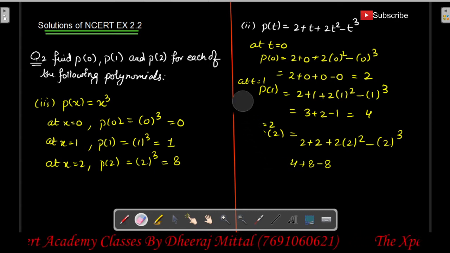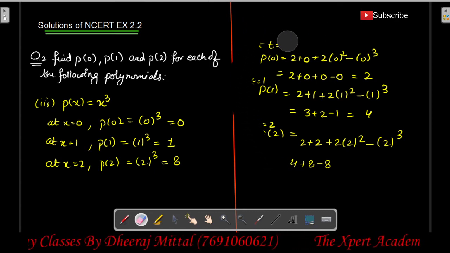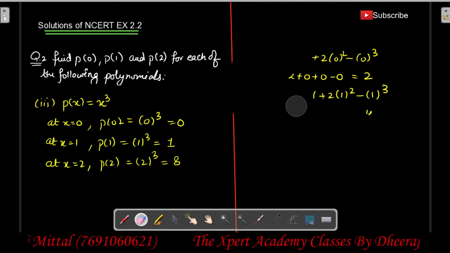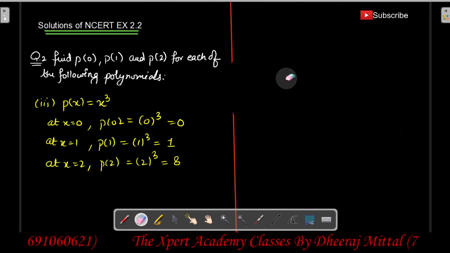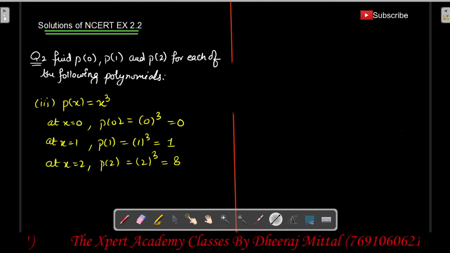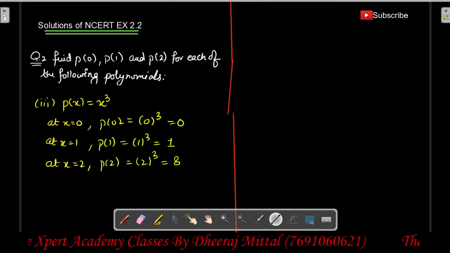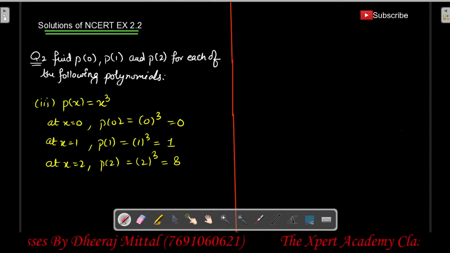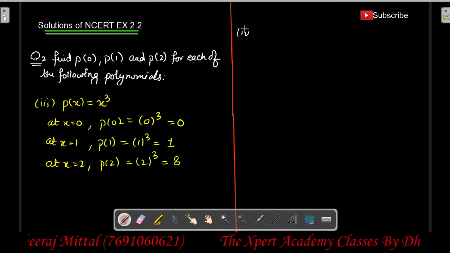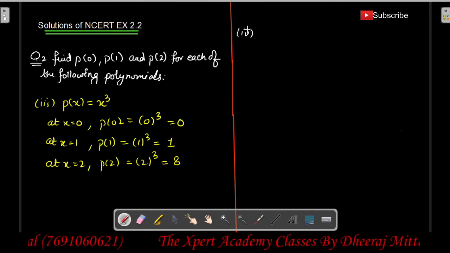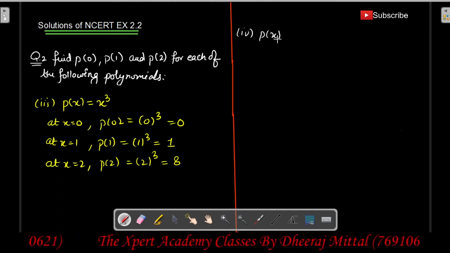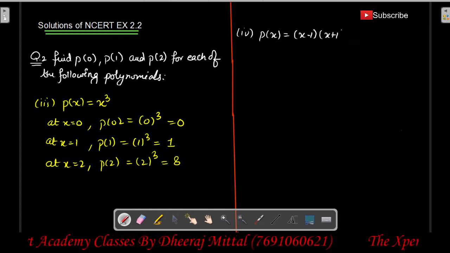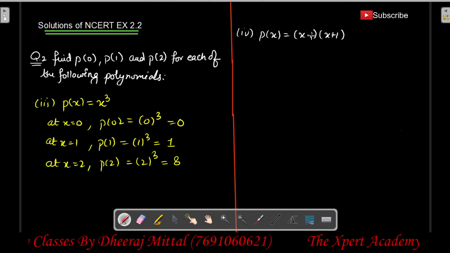Now part third. Part fourth. p(x) is equal to (x minus 1)(x plus 1).